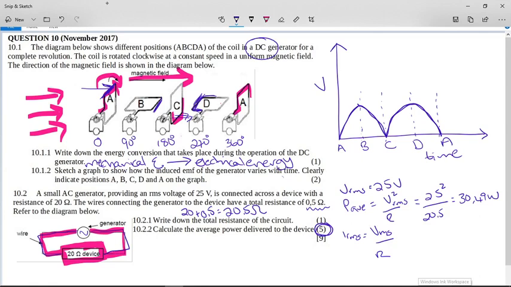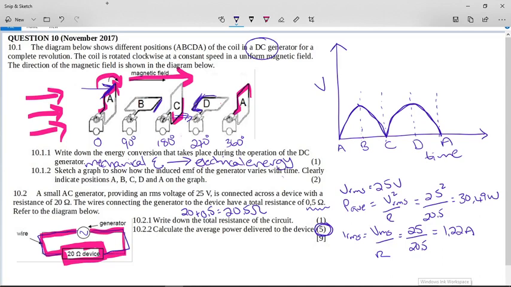So it's basically Ohm's law but in AC, so we use RMS. So we've got 25 volts RMS according to the question, and we've got a total resistance of 20,5 ohms when we add the device and the wires. So the current, which is the same everywhere in the circuit, is 1,22 amps.